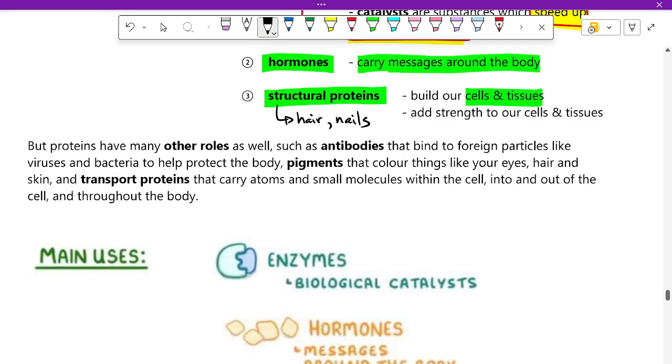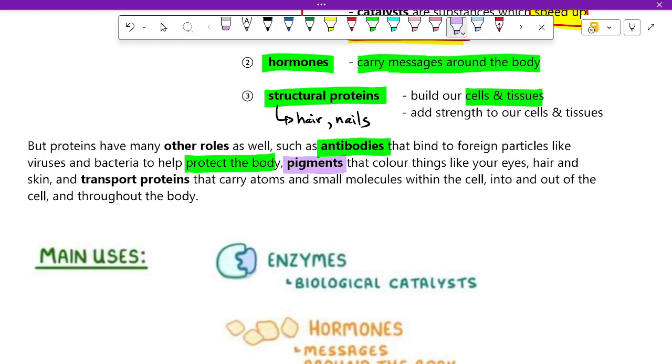There's a whole bunch of other roles as well. Did you learn about antibodies last year in grade 8? Antibodies are proteins, and they help to protect the body. Have you heard the word pigment?